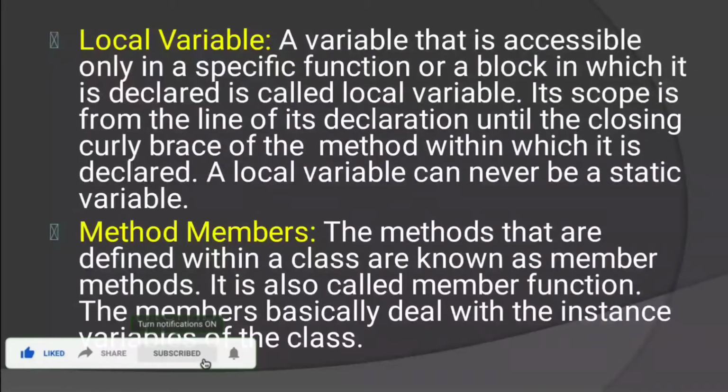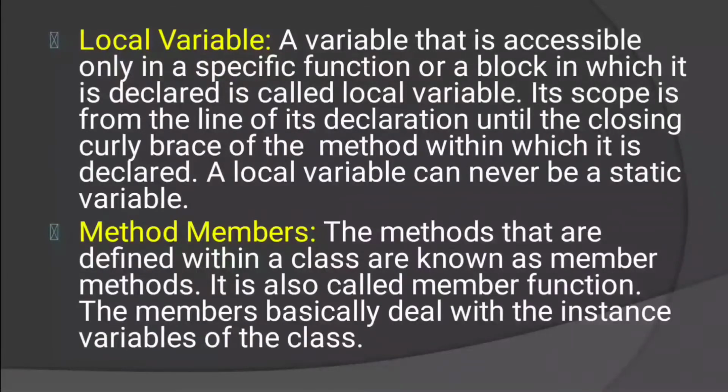Next is local variable. A variable that is accessible only in a specific function or a block in which it is declared is called a local variable. It means when a variable is declared under the main function or any subpart, then that variable is called a local variable, and its scope is from the line of its declaration until the closing curly brace of the method within which it is declared.